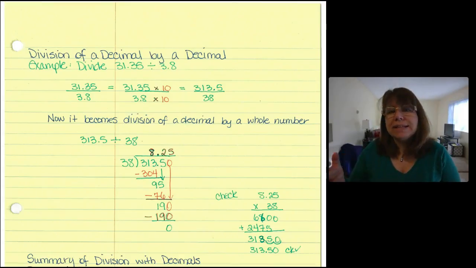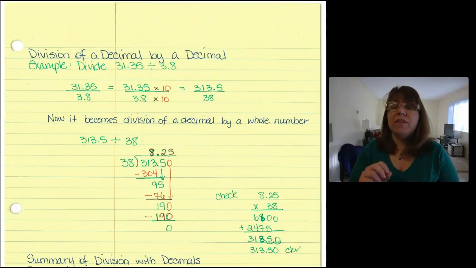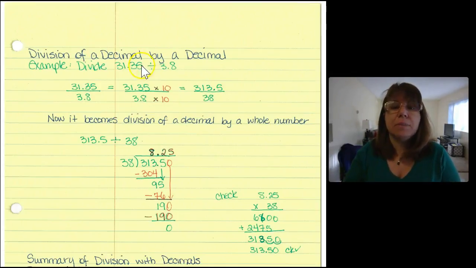In our previous examples, all of the divisors, the number we were dividing by, were whole numbers. When the divisor is a decimal, we do need to do one more step. So let's take an example of 31.35 divided by 3.8. Now I can set that up as a fraction, 31.35 over 3.8.